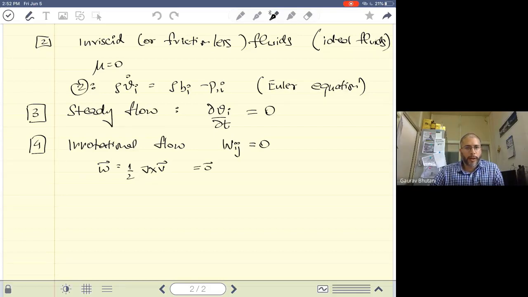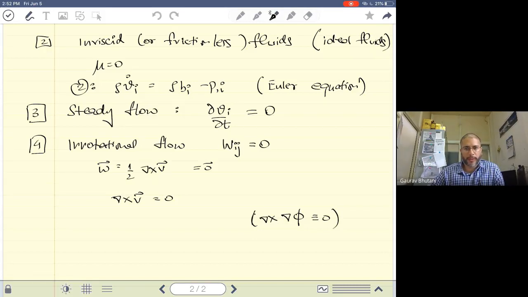Okay, so if the curl of velocity is zero, we can simply write curl of velocity is zero. And we already know the identity that the curl of the gradient of any scalar field is always zero.